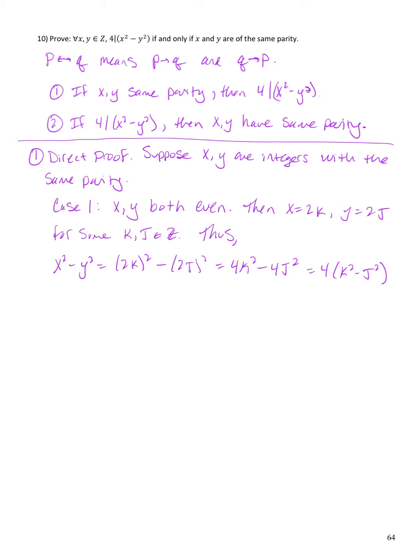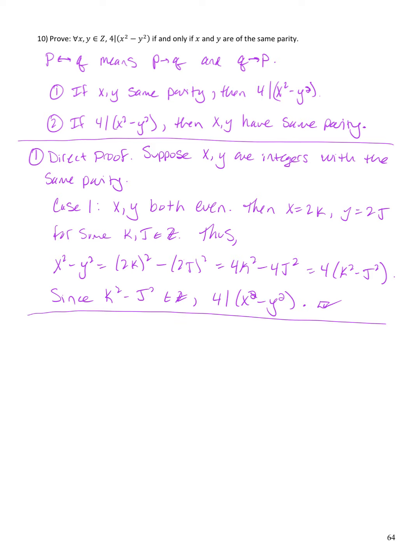So x squared minus y squared is a multiple of 4. Since k squared minus j squared is an integer, 4 does divide x squared minus y squared. Okay, so direct proof for statement 1.